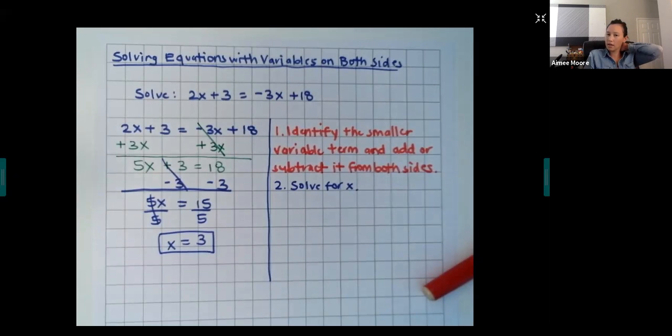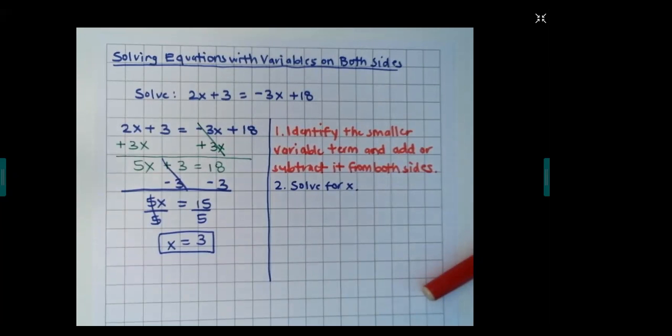Do you guys need time to finish copying the notes? Yes. Okay.